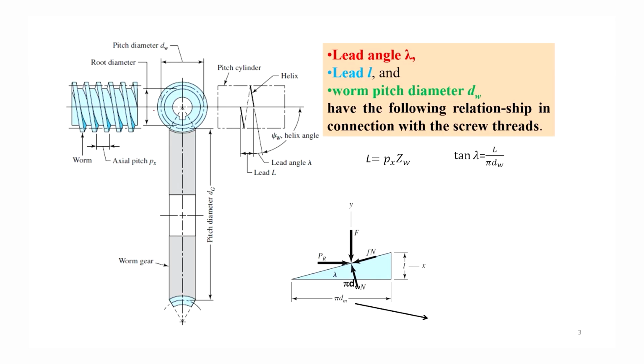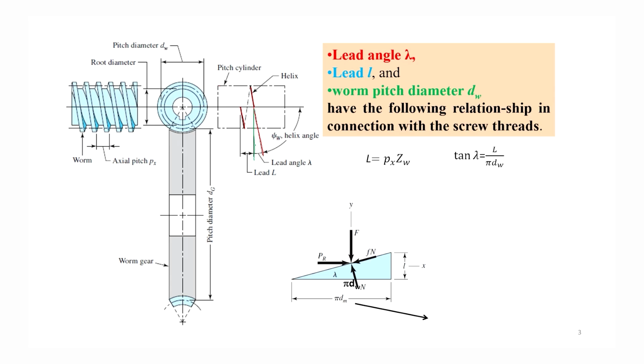In this figure, the pitch cylinder of the worm is shown with the thread on the worm, and it is obvious that this thread is inclined by an angle with the line which is normal to the axis of rotation of the worm. So the line tangent to the screw or the thread of the worm is this one, and a line perpendicular to the axis of rotation of the worm is this one.